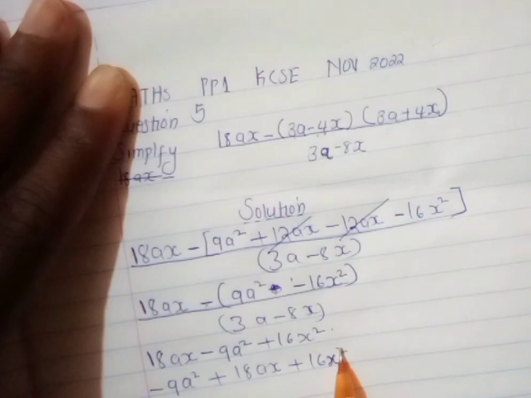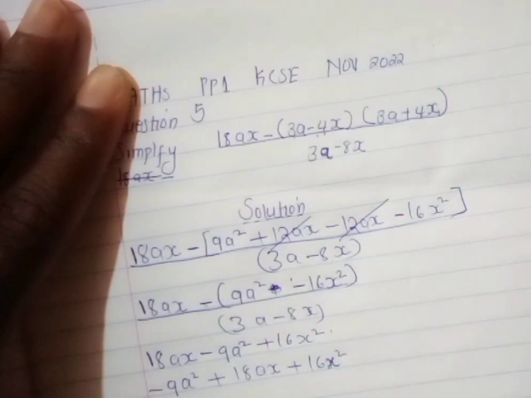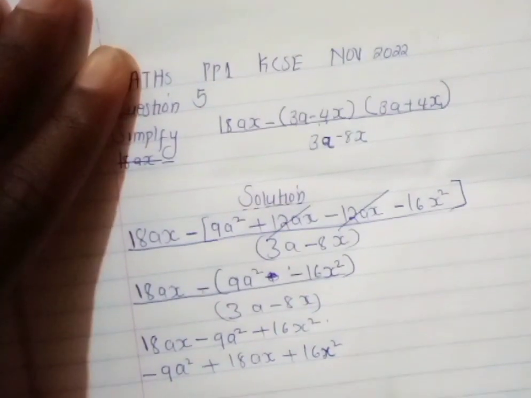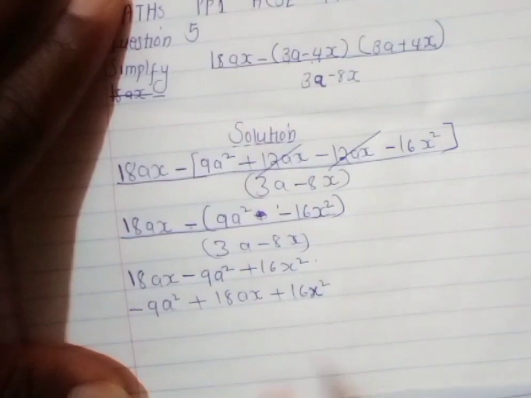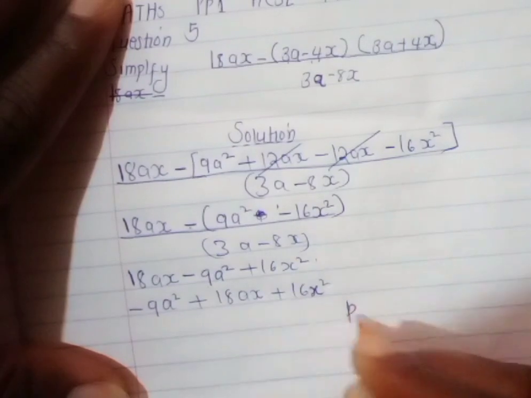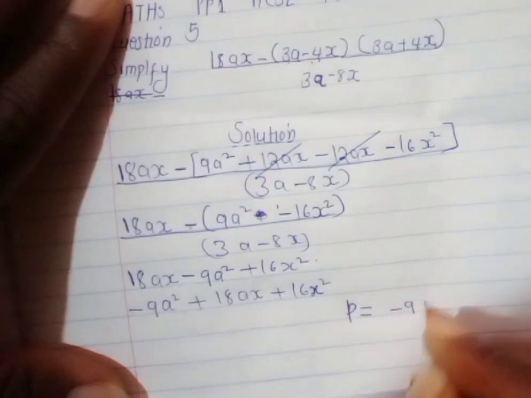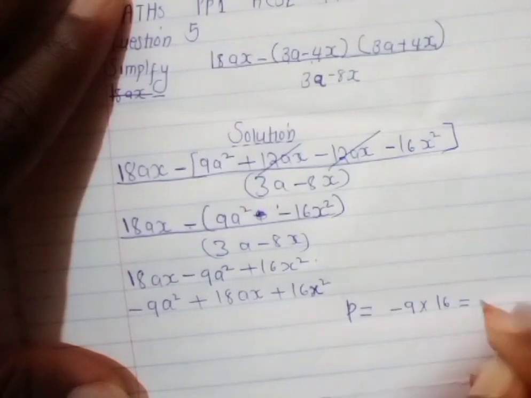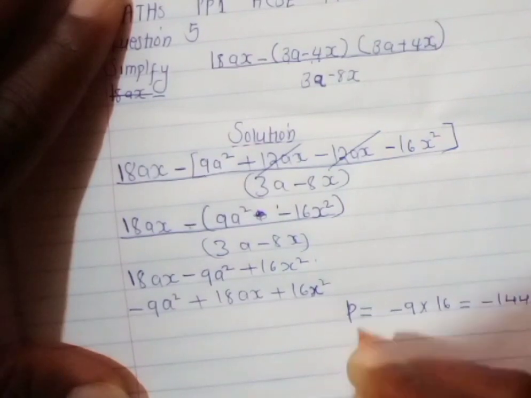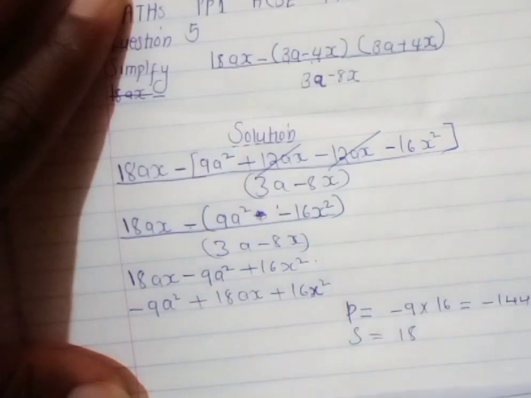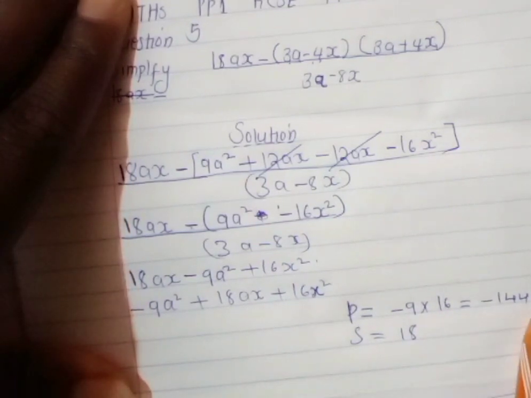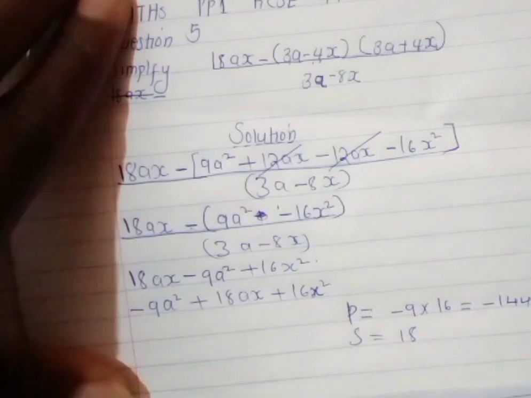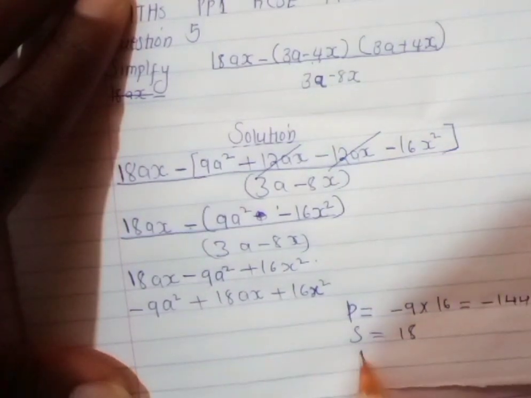So what you do, you find two numbers that when you multiply them, the product will be negative 9 multiplied by 16, which is negative 144, and the sum will be 18.